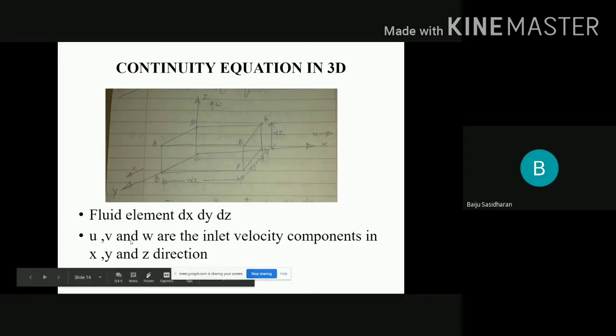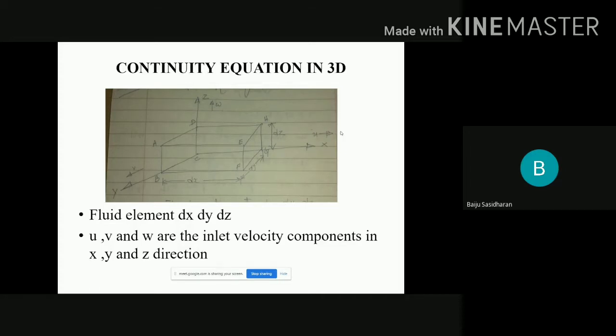Then u, v, and w are the inlet velocity components in the x, y, and z directions. So u is the velocity along this direction, v is the velocity along the y direction, and w is the component of velocity along the z direction.